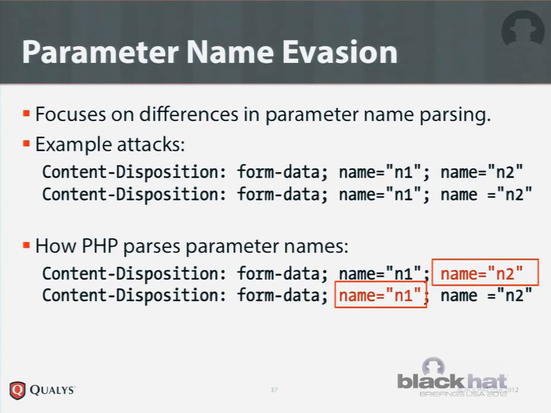So in order to bypass a web application firewall, you first send a content disposition header with 2 names, and then you look to see which of these 2 names the WAF will use. And then once you find out if it's using the first or the second variant, you can find out whether it is blocking, which is the ideal situation. Then you just craft your payload to avoid detection, using a second value for PHP to consume.